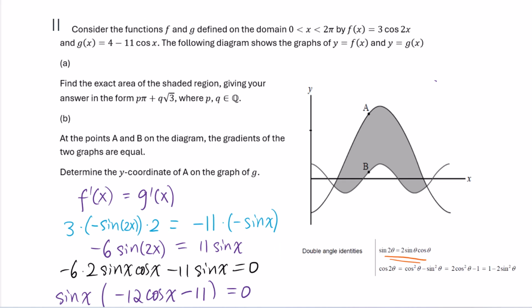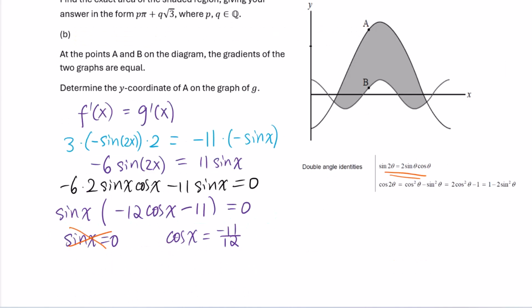Since we need to figure out g of x, we just need to plug in. We will cross out sine x equals 0 because that gives x equals 0 or x equals pi. Look at this graph: x is not 0, x is not pi. That's the reason we cross out sine x equals 0. Now we got cosine x equals negative 11 over 12.